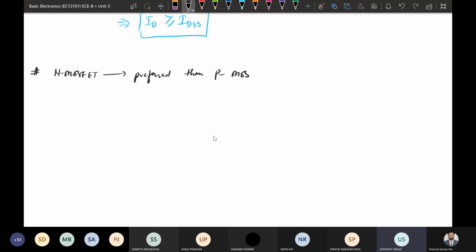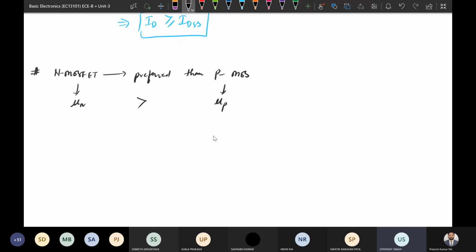Because in case of N MOSFET, the mobility is given by mu n. In case of P MOSFET, the mobility is given by mu p. And we always know mu n is greater than mu p.